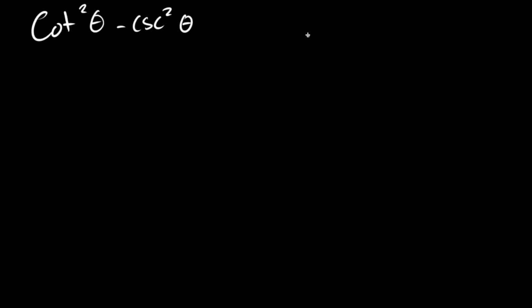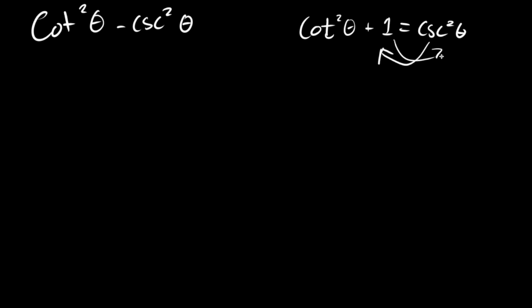For this one, we're going to do something a little bit differently first. We're going to recall one of our identities. So we're going to find cotangent squared theta plus 1 is equal to our cosecant squared theta. So you may be wondering, what are we going to do here? What we're going to do is bring the cosecant to the other side and make it negative, and bring the 1 over to the other side and make it negative.